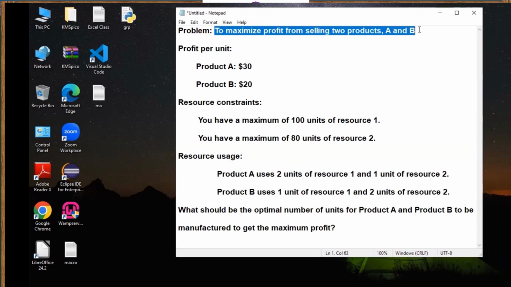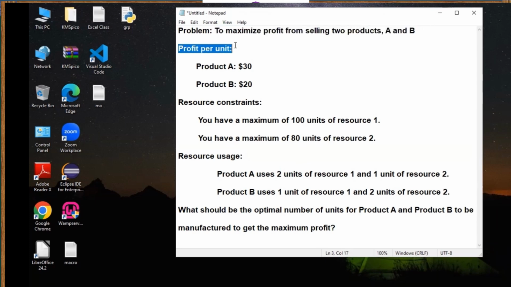Problem: to maximize profit from selling two products, A and B. Profit per unit: Product A, $30. Product B, $20.